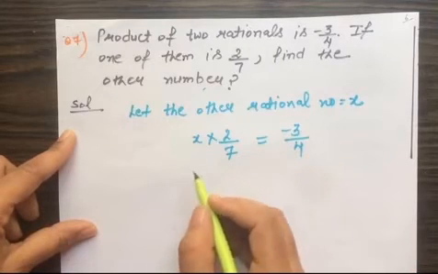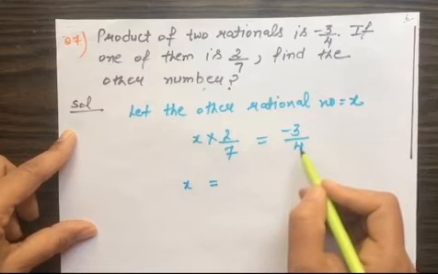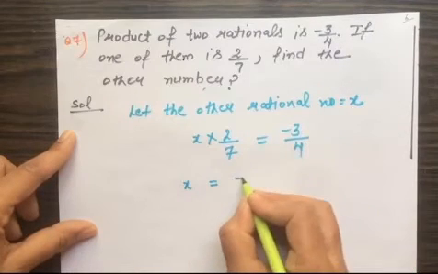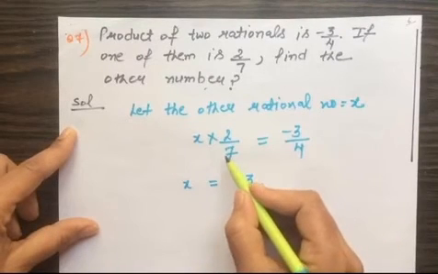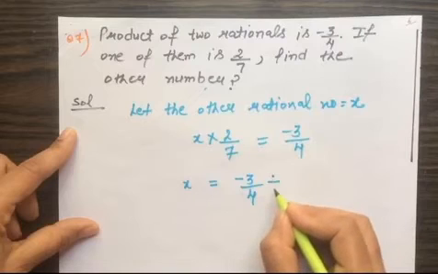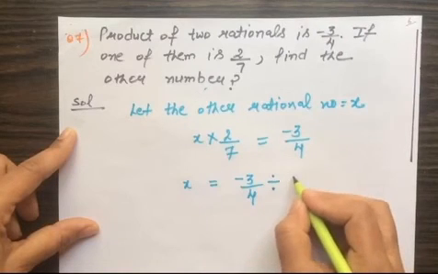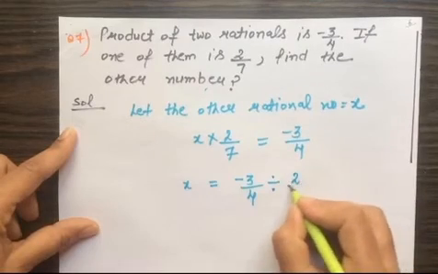Now you have to find x. So what will you do? You will transpose this 2/7 to the right side. When you transpose 2/7 to the right side, it will change into division. That will become x equal to -3/4 divided by 2/7.